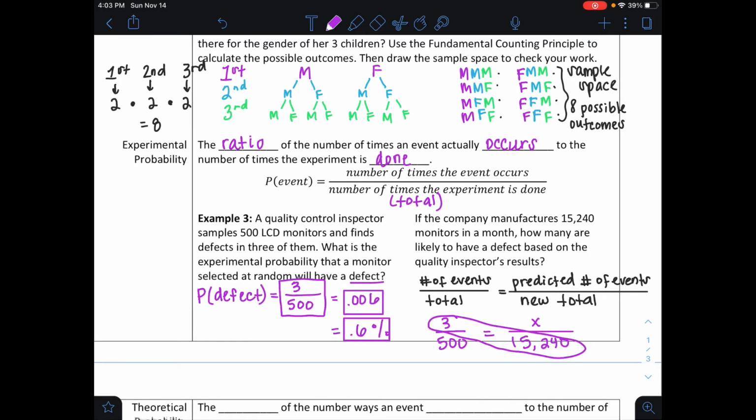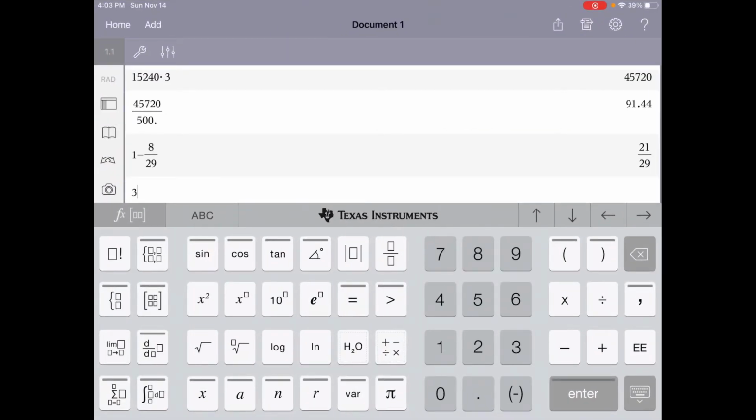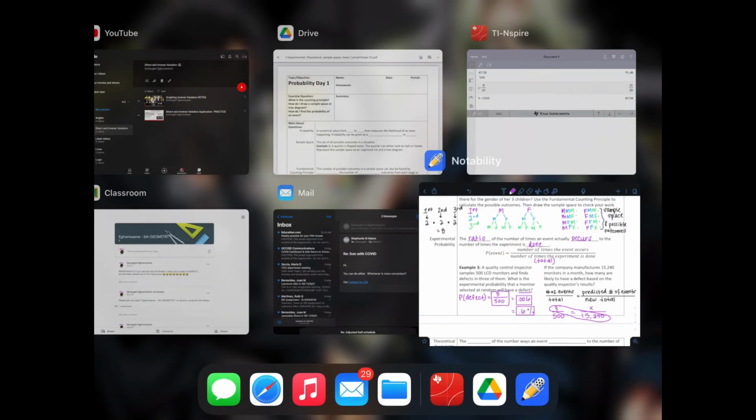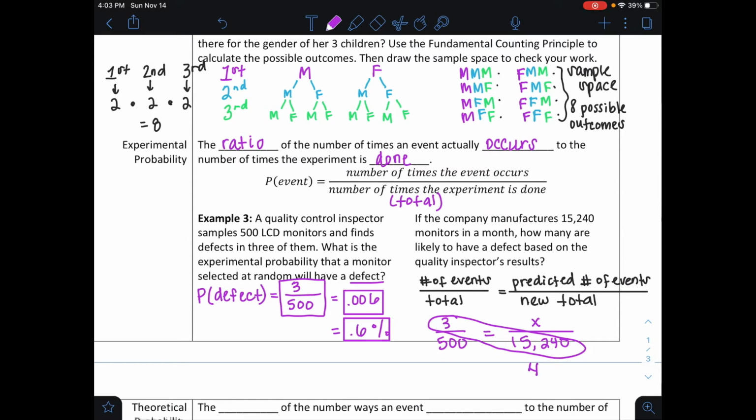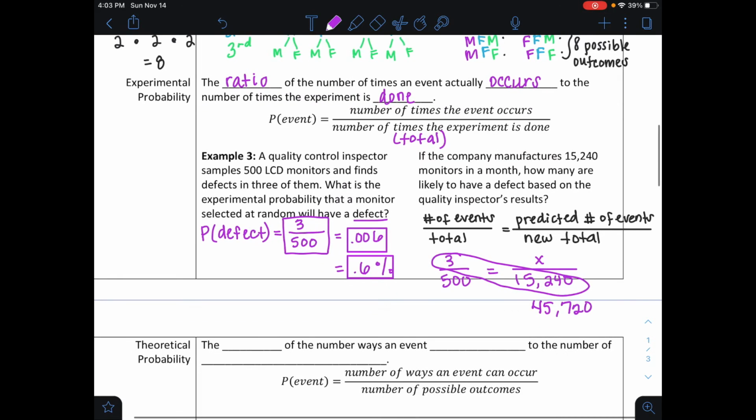Anyway, so 3 times 15,240, and that's 45,720. And then you're just going to divide it by that 500. I'm going to do this the nice, pretty algebra way, but you can just divide.